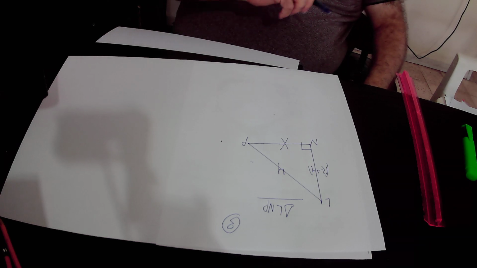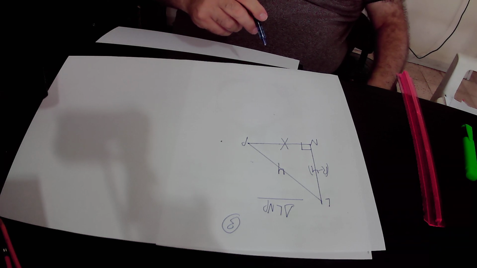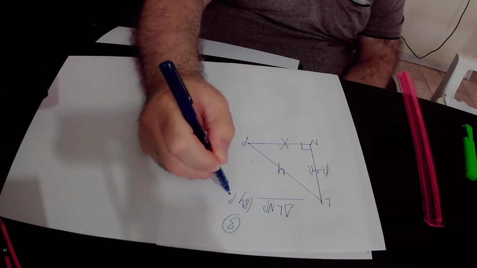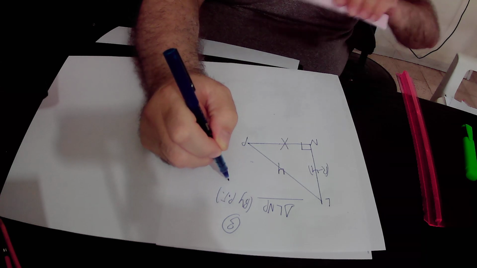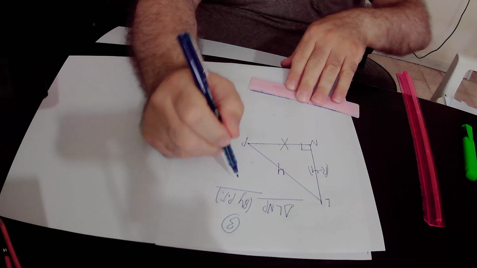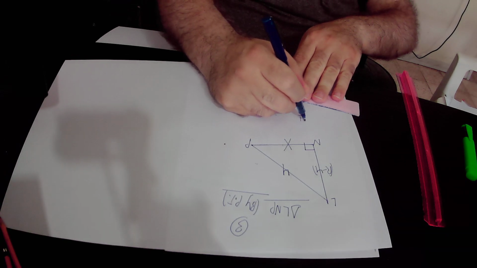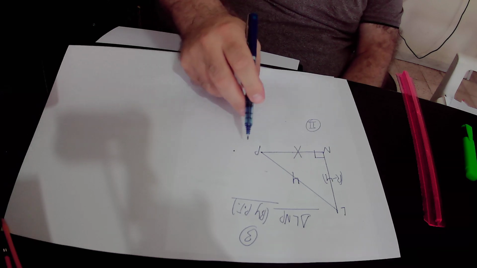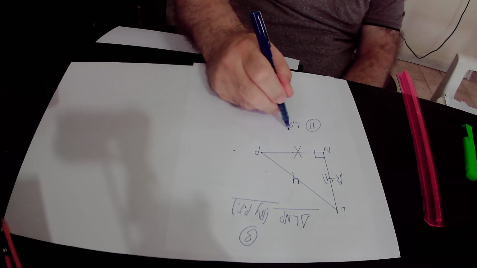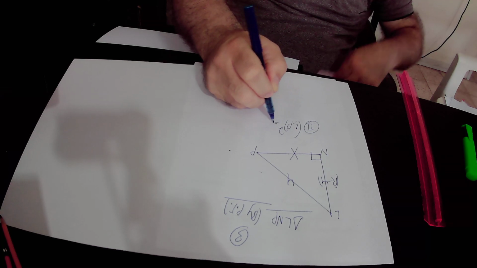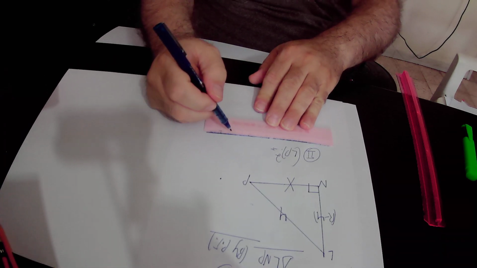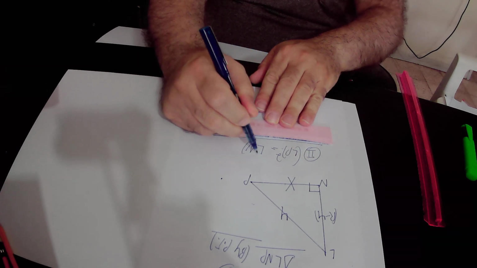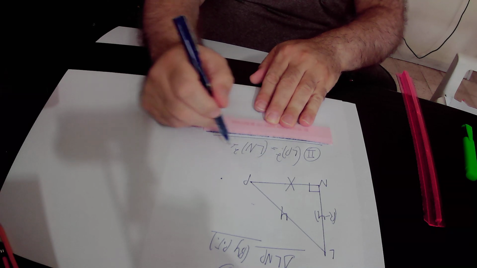So I copied the right triangle LNP onto this new page. Now we will implement the Pythagoras theorem on this triangle. By PT, the abbreviation for Pythagoras theorem, the square of the hypotenuse equals the sum of the squares of the perpendiculars. The hypotenuse is LP, so the square of the hypotenuse is LP squared. It must equal LN squared plus NP squared.